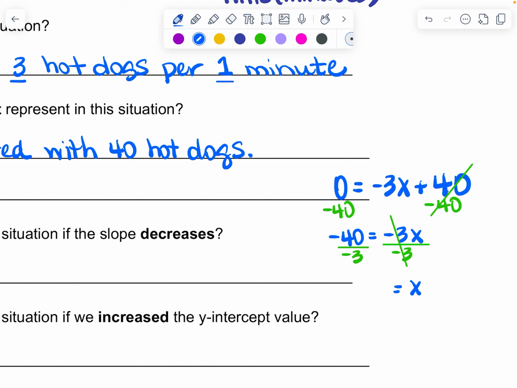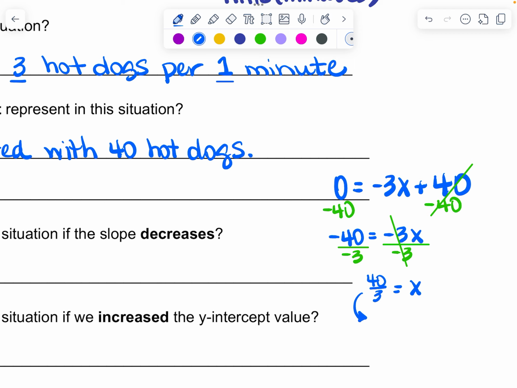All right, now this is really crazy, because it's going to be x equals, obviously a negative divided by a negative is a positive. It would technically be 40 thirds. But that's really weird because that's 40 thirds minutes.